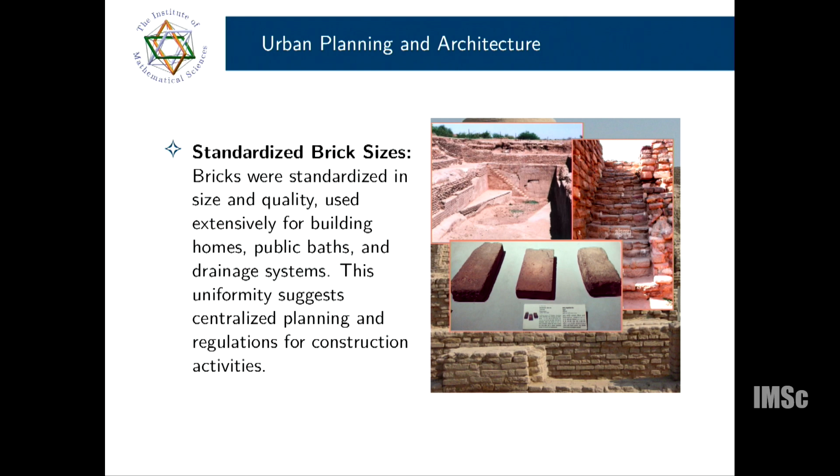This ratio is found across the civilization, across the sites, and in all kinds of structures, whether a public or private building, a drain, or the Great Bath, wherever it is. It shows that they might have had some kind of centralized system.